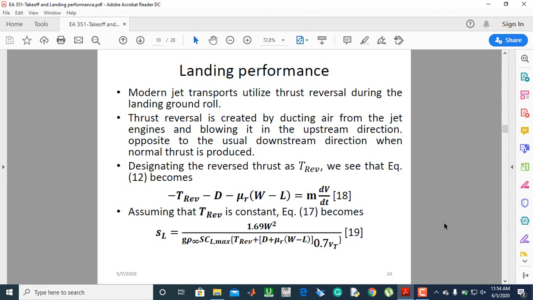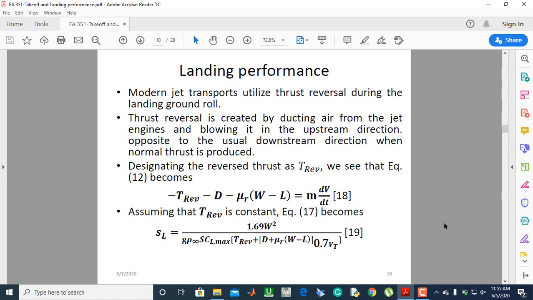If you want to shorten the ground roll or the complete stop distance, if you want to make this distance smaller, there are things you can do. One, you need to increase the area, which ultimately wing area, and increase the lift coefficient. So if area and lift coefficient is increased, then SL will reduce.